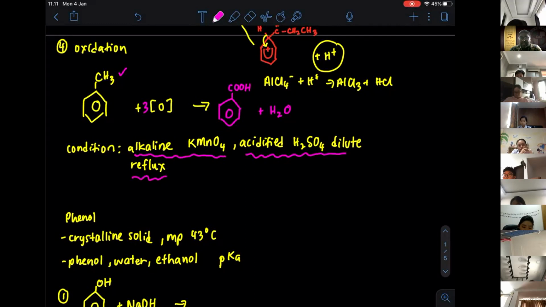So slightly different than the normal oxidation, where we just oxidize using potassium manganate or potassium dichromate, acidified, and then reflux. Here the difference is the alkaline and the dilute part. So you add sodium hydroxide, and only after that you acidify. Why? No need to know because it's not in your syllabus, so it's just the condition. This is how it's going to happen.